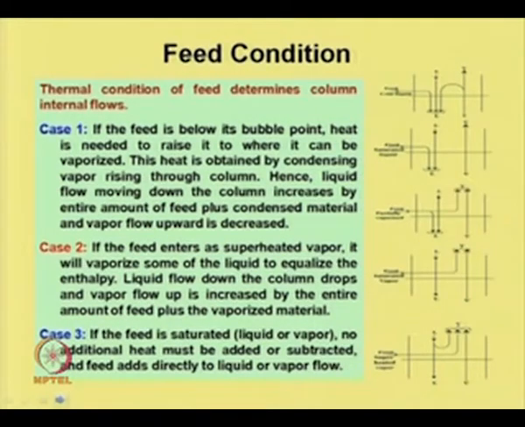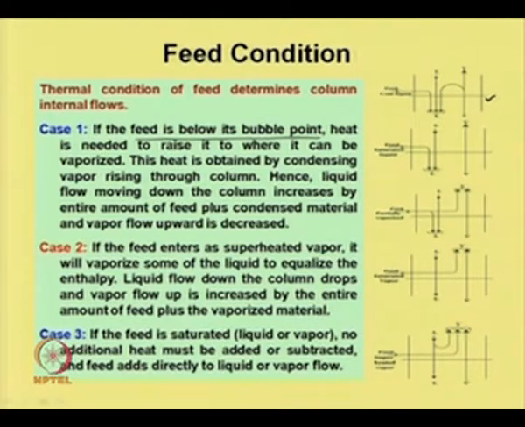So, now as we said, the feed may be multiple feed or single feed, but the feed has different conditions. So, the thermal condition of the feed determines the column internal flow. Suppose consider this is the feed tray. So, we will consider different cases. Case 1, where the feed is below its bubble point.